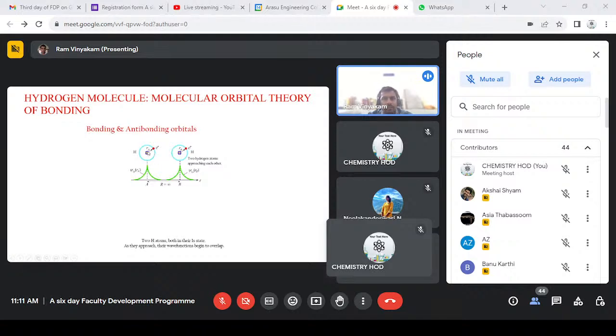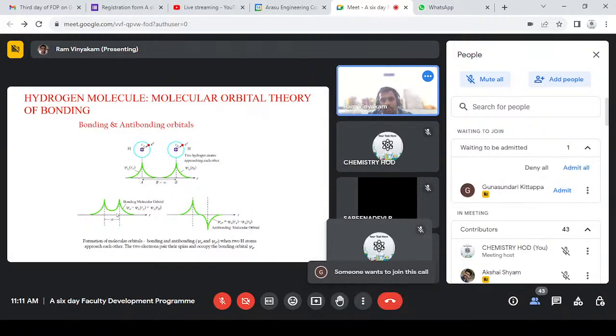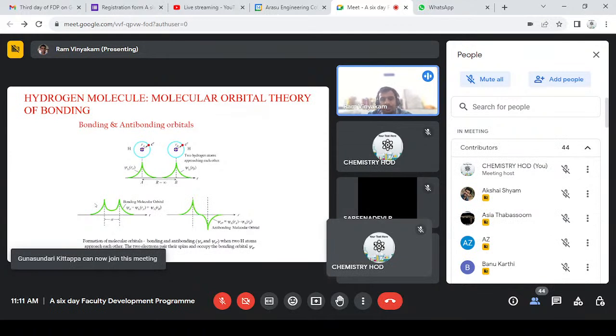Suppose this is A and this is B: the nucleus of A will attract the electron of B too. This will alter the energy levels, and based on that, we know there are bonding and anti-bonding orbitals. When we represent this in terms of wave functions, we teach students by means of the superposition principle.